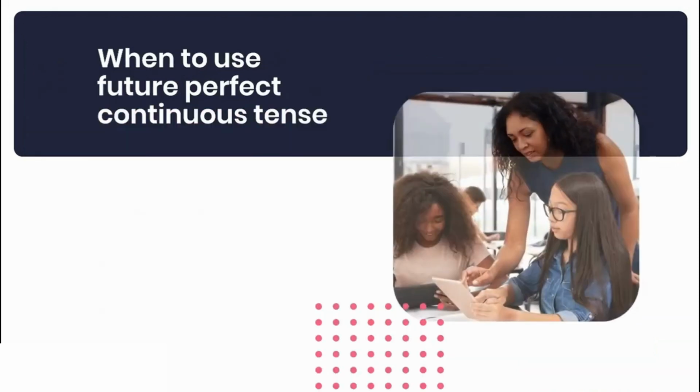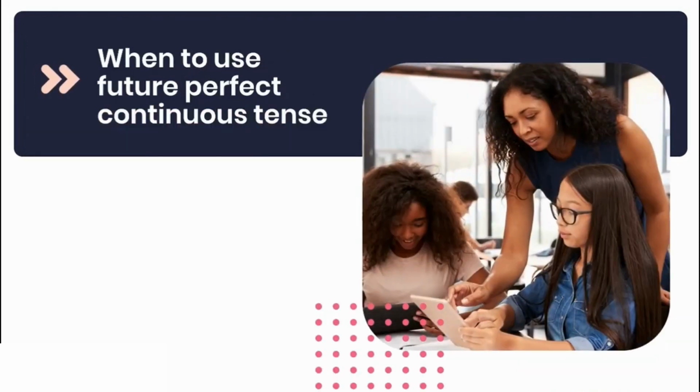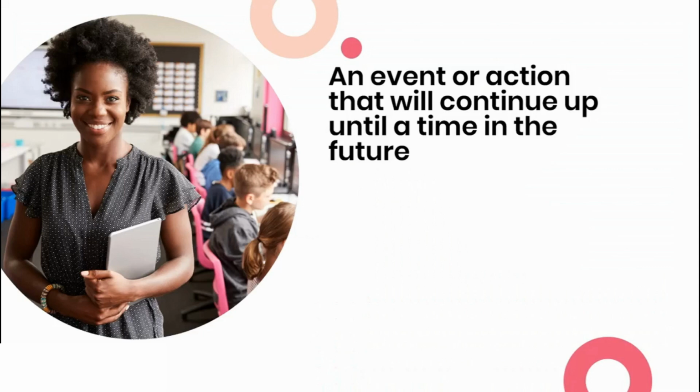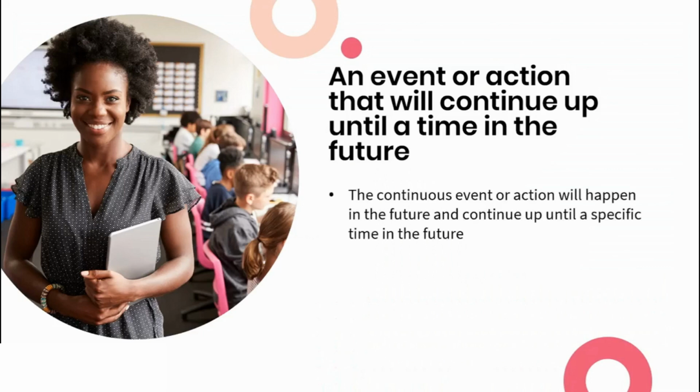You can use future perfect continuous tense when you speak or write about an event or action that will continue up until a time in the future. In other words, the continuous event or action will happen in the future and continue up until a specific time in the future.